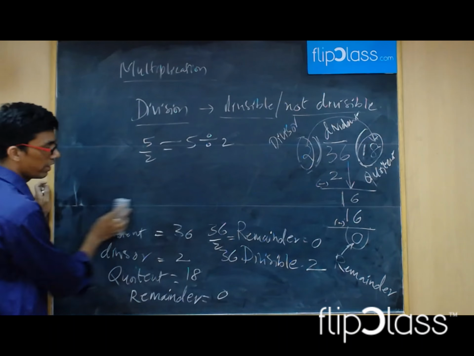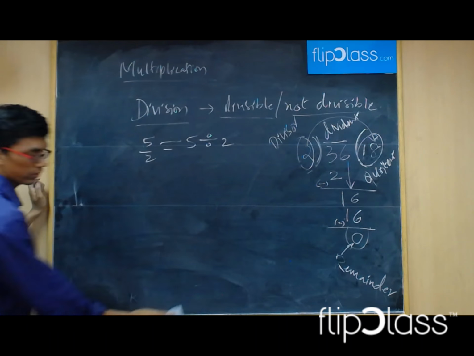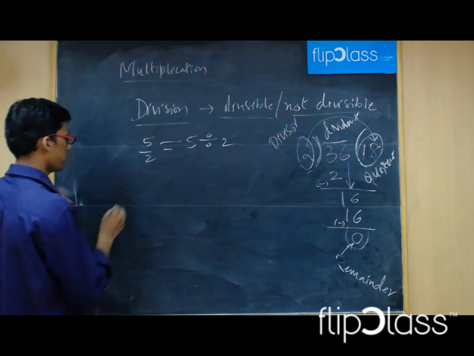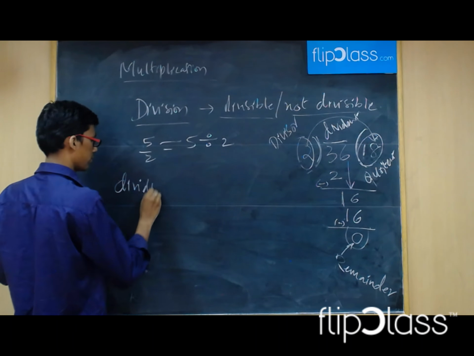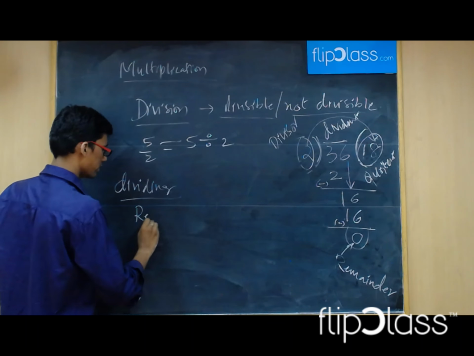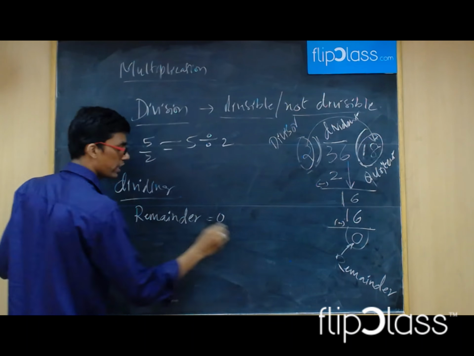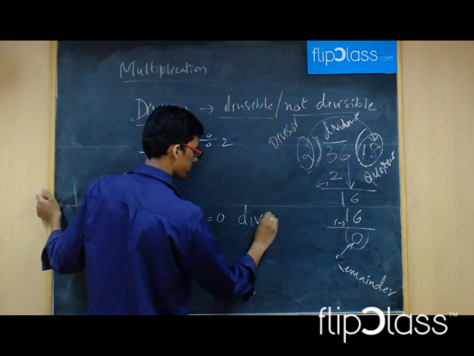Okay, so whenever you are dividing two numbers, if the remainder is 0, you say that number is divisible.